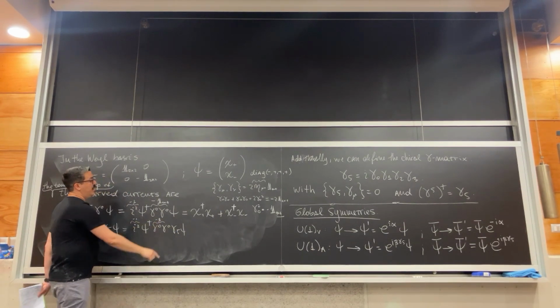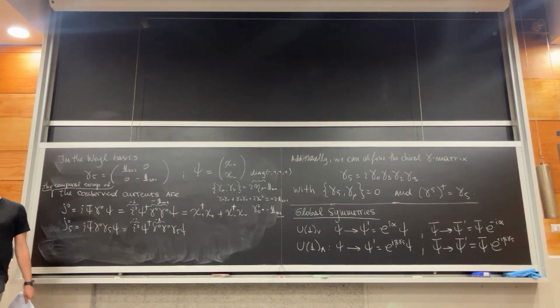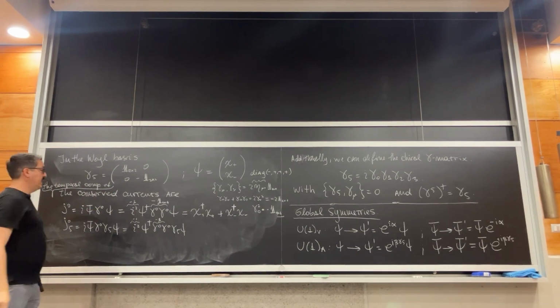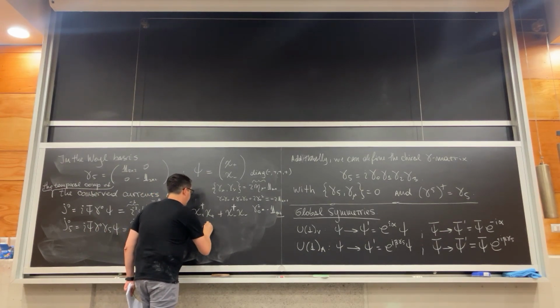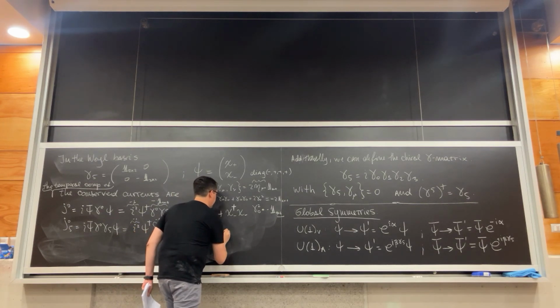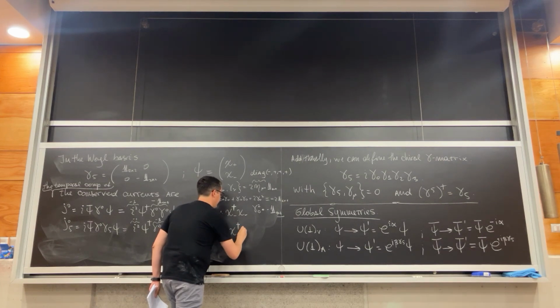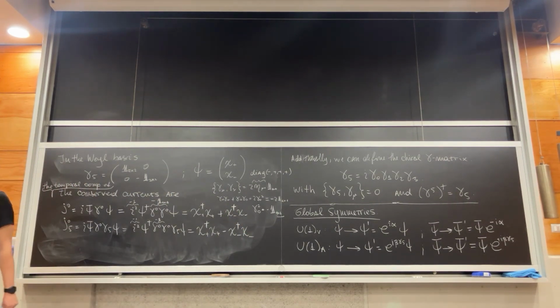And this looks pretty much like the identity, but with a minus in between. So this will give us χ†₊χ₊ minus χ†₋χ₋. Okay?